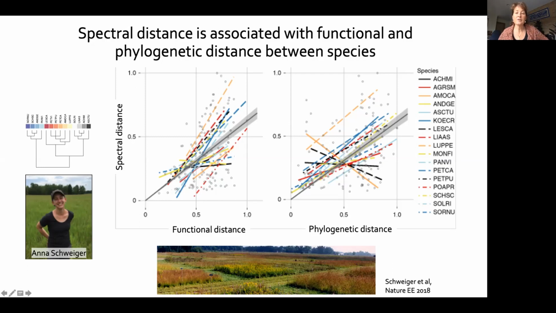The same is true for phylogenetic distance, except in some cases where the leaf shape is rather complicated, and in those cases, we did not get positive associations. But in general, spectral distance was highly associated with functional distance and phylogenetic distance between species.